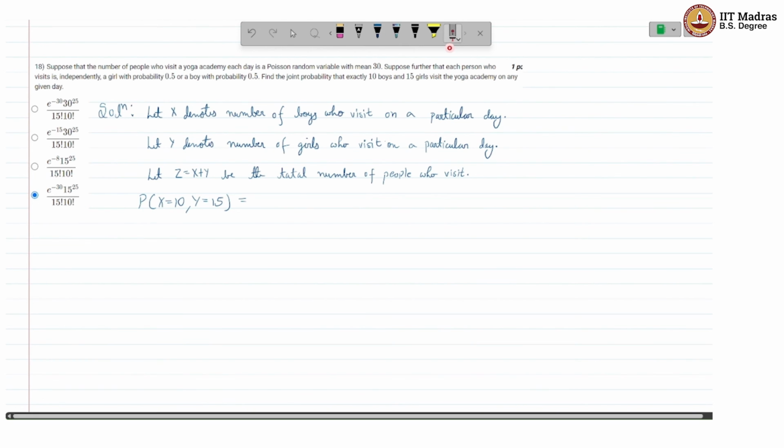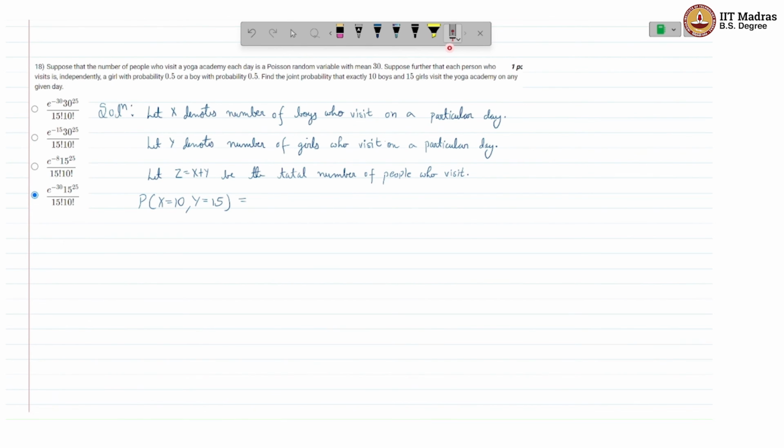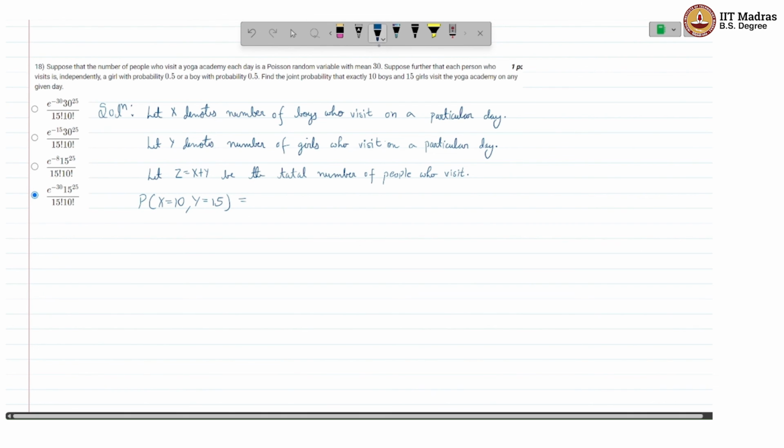So let X denote the number of boys who visit the yoga academy on a particular day, Y denote the number of girls who visit the yoga academy on a particular day, and let Z be the total number of people who visit the yoga academy on a particular day. So we have to find the joint probability that x is equal to 10 and y is equal to 15.